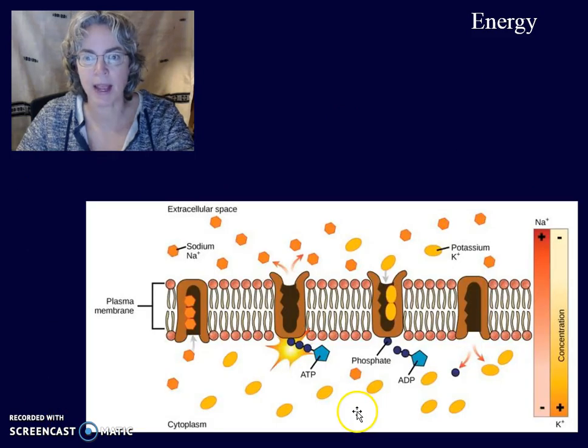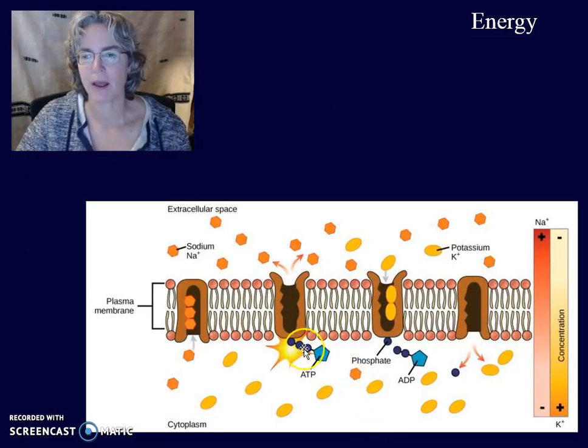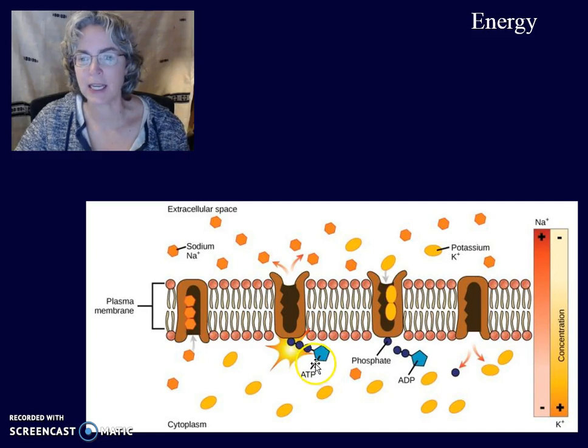Some of the energy we've seen already. An example of where energy is needed is to transport molecules across the cell membrane, and you can see right here that it's in the form of ATP.